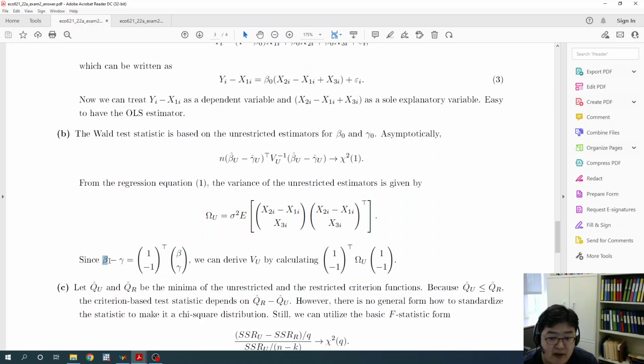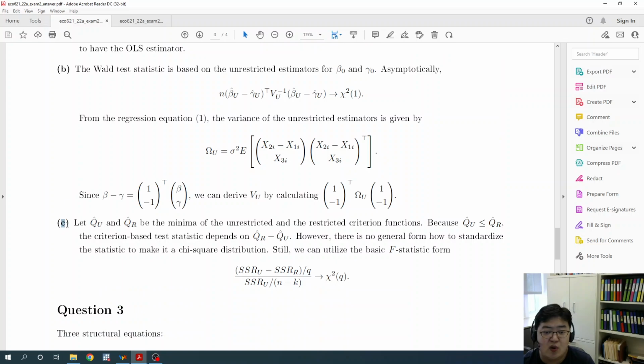Then beta minus gamma, the difference, can be written as a linear combination of the vector. So the variance of beta minus gamma is also a quadratic form like this. Calculating that matrix can be very annoying, but it's doable. It's possible. I'm not going to do this.